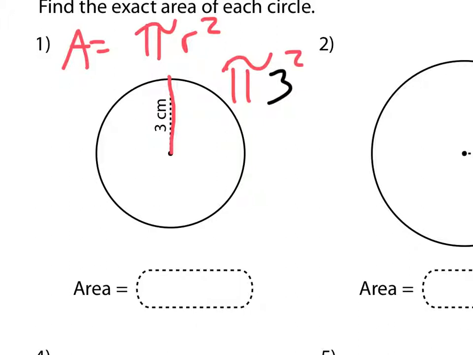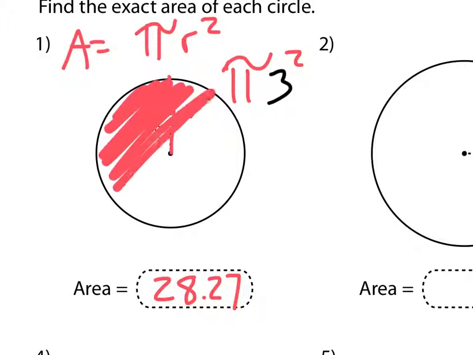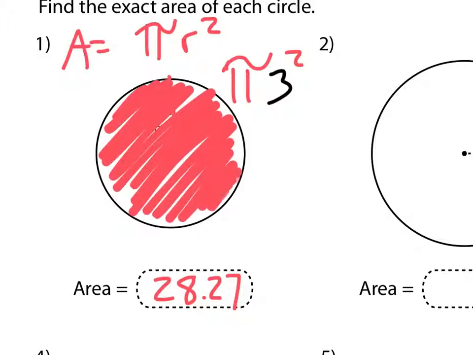We need to then punch this into our calculator. So when we do that, I'm going to do pi 3 squared, and the answer we get is 28.27. This is telling us how much space there is in the circle. This is like how much paint or carpet or whatever we need to fill this up.